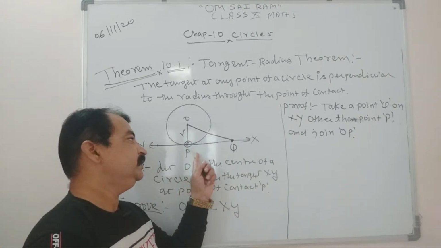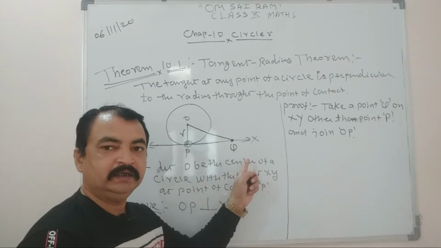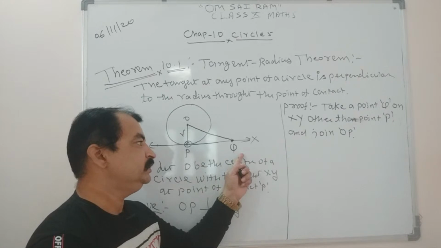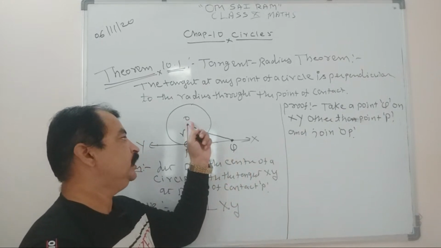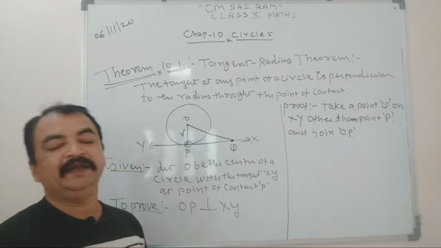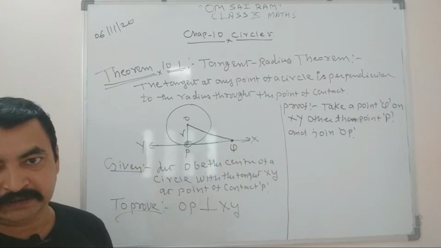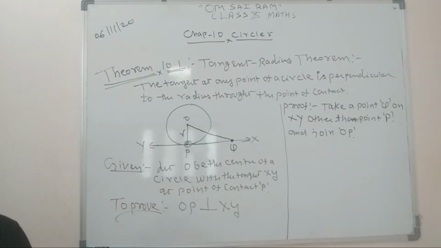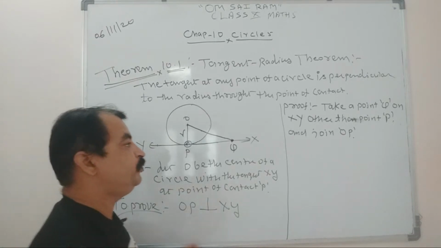If I take any point on XY, as I have taken the point Q other than the point P, and then join OQ, its distance will be greater than the radius. So for this we have to give the argument, children. Okay, so what will be the position of point Q?